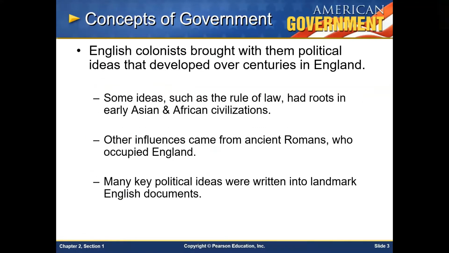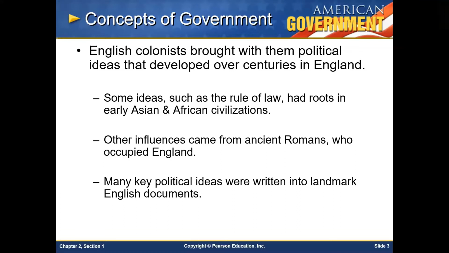I kind of laid this out, but as the English colonies came to the New World, or what was the New World to them, they brought with them political ideas that had developed over hundreds of years in England, but many of those things had developed in other places before England. Some of the ideas, like the rule of law, which we'll talk about more when we get to one of our documents, have roots in early Asian and African civilizations.